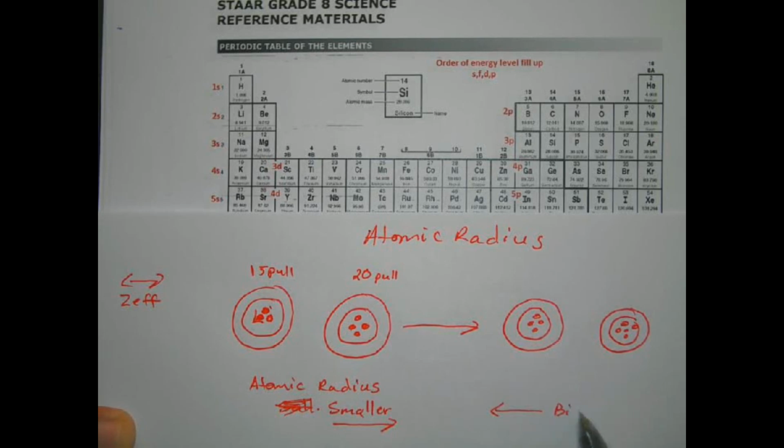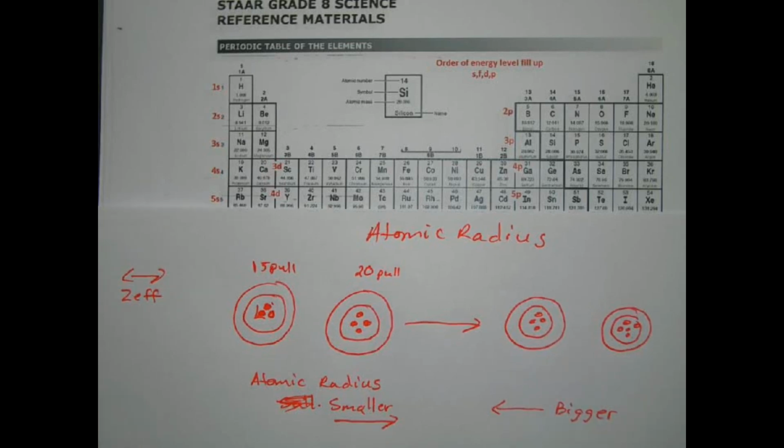The atomic radius should get bigger, right? And why is that? Well, let's see. If I reverse it, I take away a proton, take away a proton. So if I'm taking away protons, that means I have less pull force. I can't hold on to the electrons with as much force, so the electrons can get away from me a little bit. So my orbital expands.